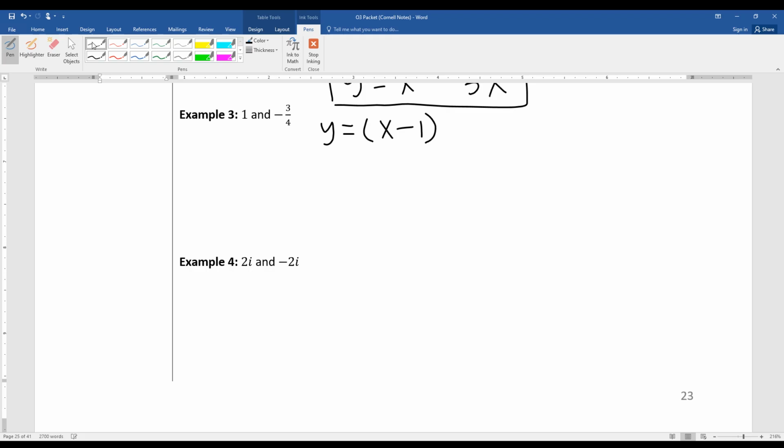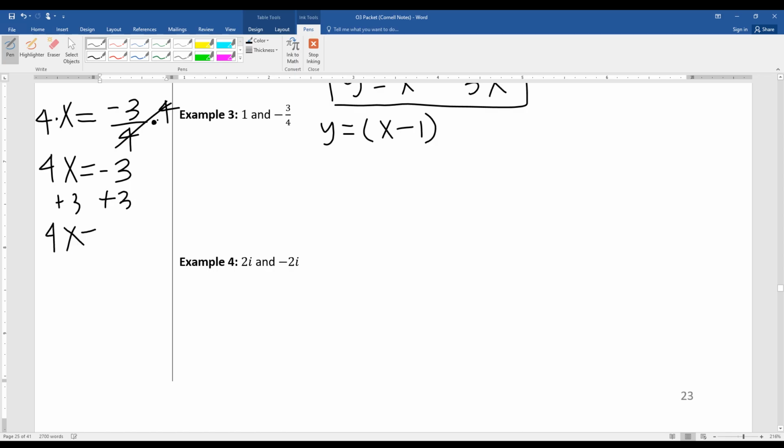By taking your fraction, setting it equal to x, and then just trying to get this right-hand side to become 0. So I would start with multiplying by 4 to get rid of that denominator. So I have 4x equals negative 3. From there, to move the negative 3 over, I would add. So I have 4x plus 3 equals 0.